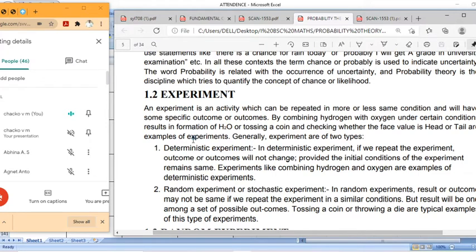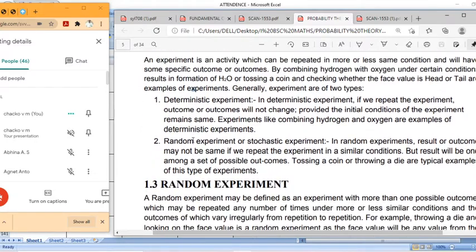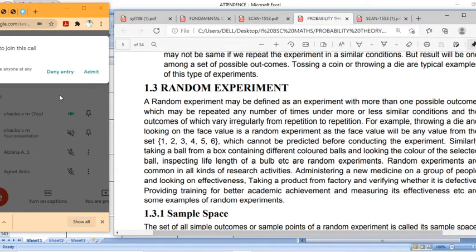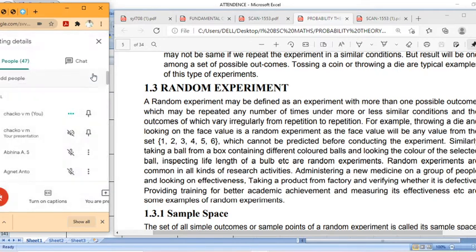But for a deterministic experiment, we have a unique outcome. So that type of experiment is called a random experiment. So we are dealing with the analysis of random experiments. In mathematical theory, you are treating a variable with a unique outcome, but in statistics, you are treating a variable with two or more outcomes. Okay.